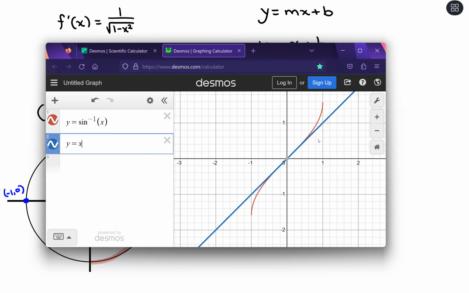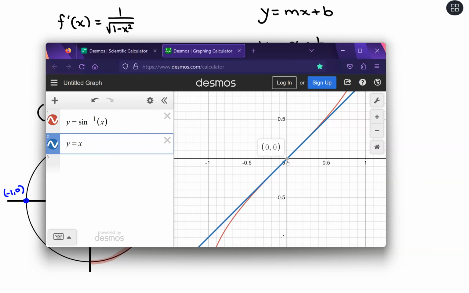So that red line is our inverse sine of x. So that's where it's going from negative pi over 2 to positive pi over 2 as far as our output, the other direction along the y-axis. And then we're seeing from negative 1 to positive 1. But then at x equals 0, that line y equals x, where we have a slope of 1, is making a nice tangent line right up to our graph.